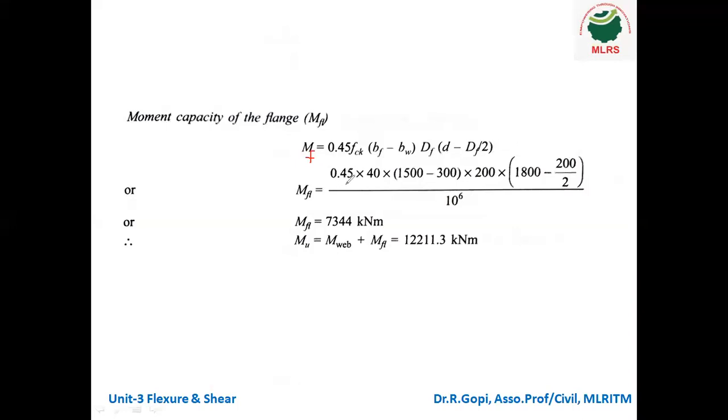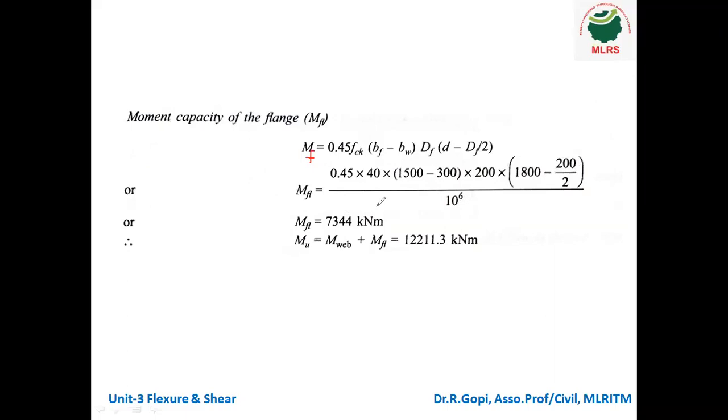Substitute all the known values: 0.45 into FCK 40, BF is 1500 and BW 300, into DF 200, and D effective depth is 1800 minus DF by 2. Finally we got 7344 kilonewton meter.